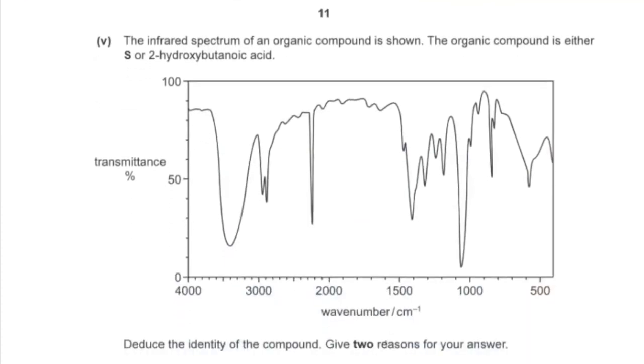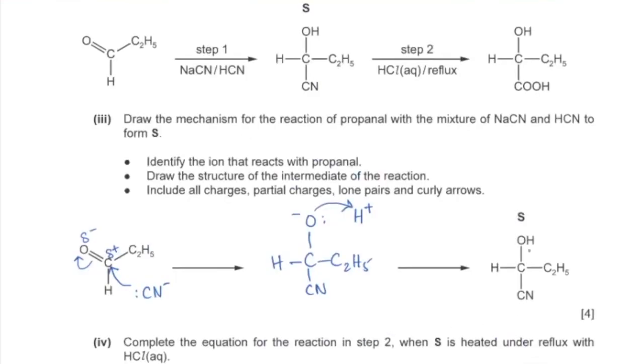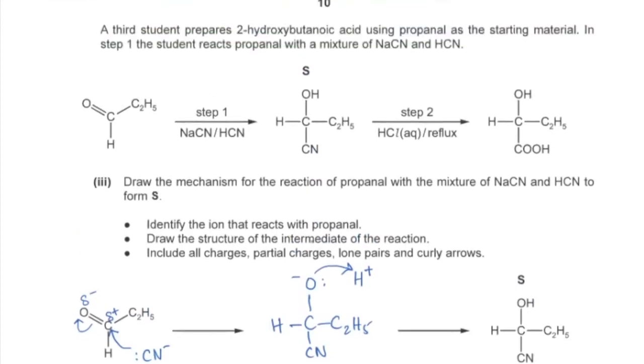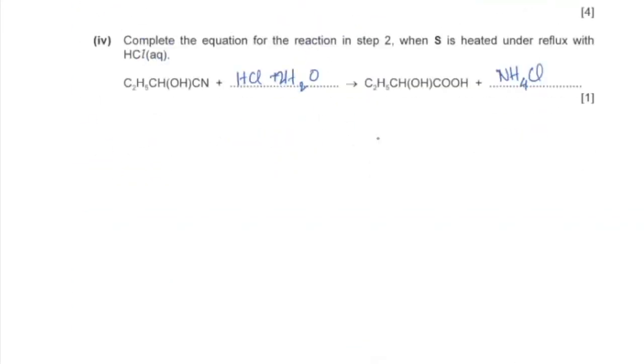Part 5, the infrared spectrum of an organic compound is shown. The organic compound is either S or 2-hydroxybutanoic acid. Deduce the identity of the compound, give 2 reasons for your answer. So structure S has OH group, the nitrile group, and CH groups, while 2-hydroxybutanoic acid has CH groups, the hydroxyl group, and the carboxylic acid group.